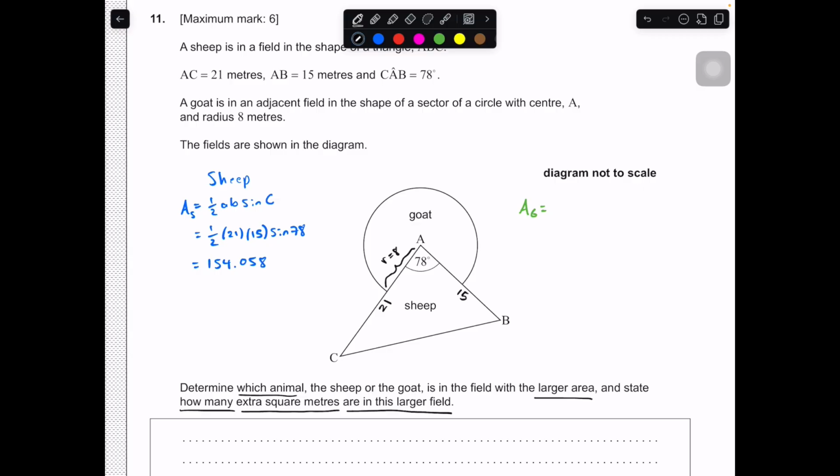But we don't have a whole circle. The area of a circle is pi r squared, but we only have a part of a circle. We're missing 78 degrees out of a full 360 degrees. Just by intuition, we're missing 78 out of 360, and 360 would be a whole.